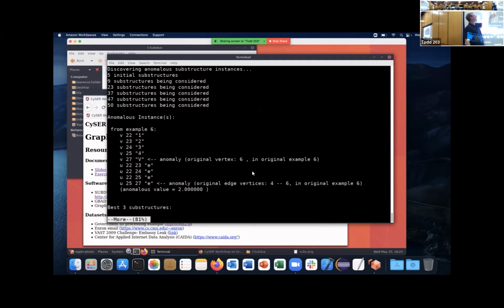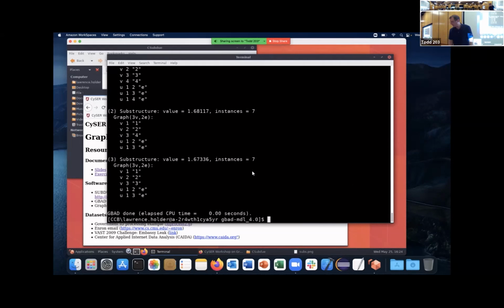Here it finds one of the instances of the normative pattern, almost, and it indicates where the anomalies are. There's this strange label on the vertex and an edge that wasn't there before. So that's the textual output of GBAD.